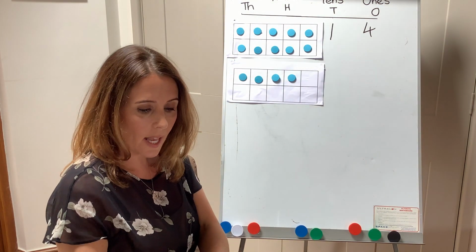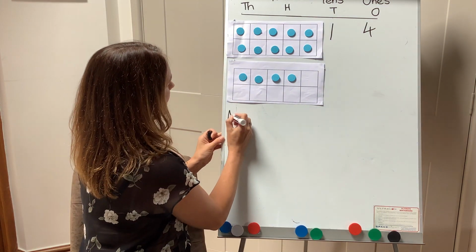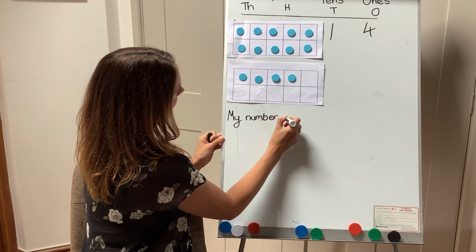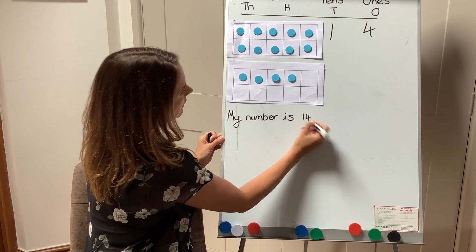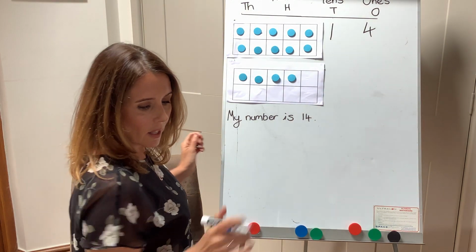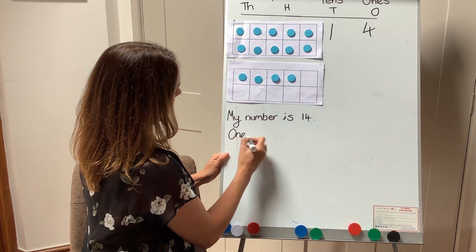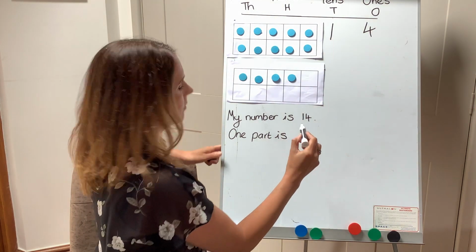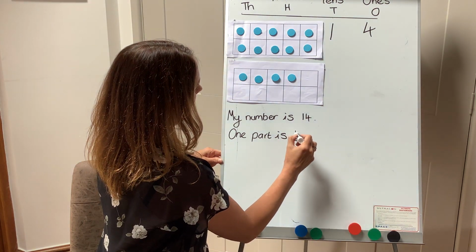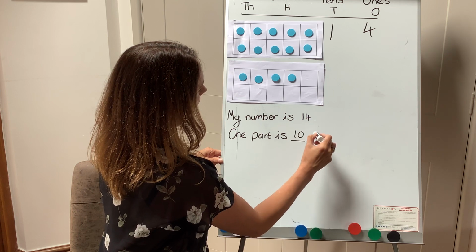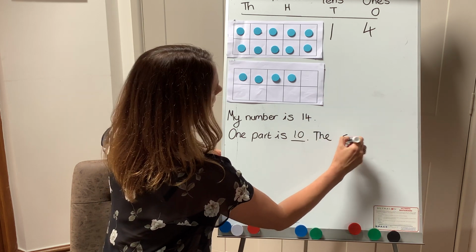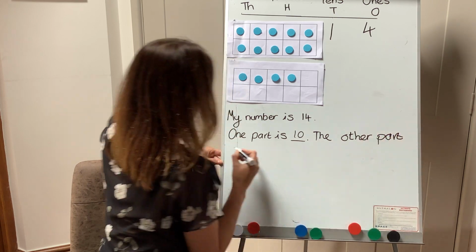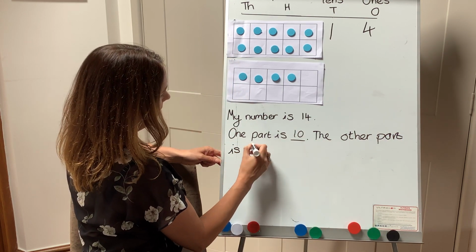So we can say my number is 14. One part is 10. The other part is 4.